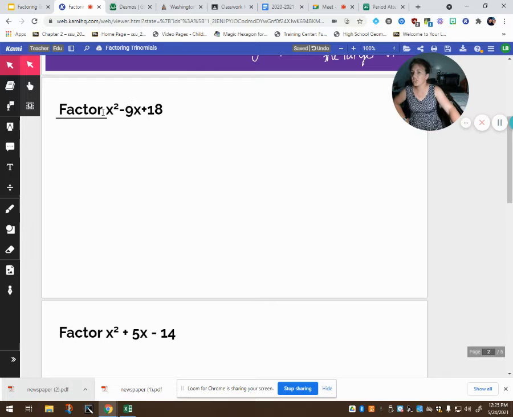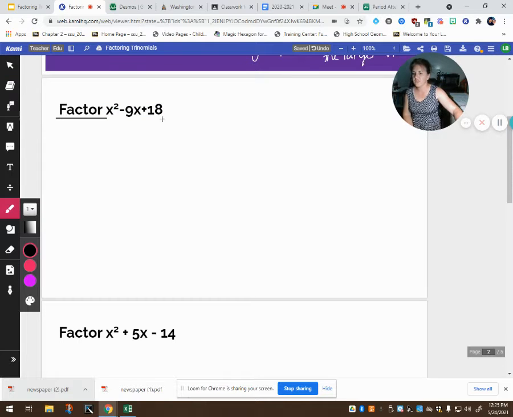So if I'm asking you to factor this here on the screen, what I'm asking you to do is come up with two things that can be multiplied together. So thinking about what we just got when we did the FOIL method, we came up with two numbers that multiplied and gave me the third term, which in this case is 18, and added to give me this middle term, and this middle term is -9.